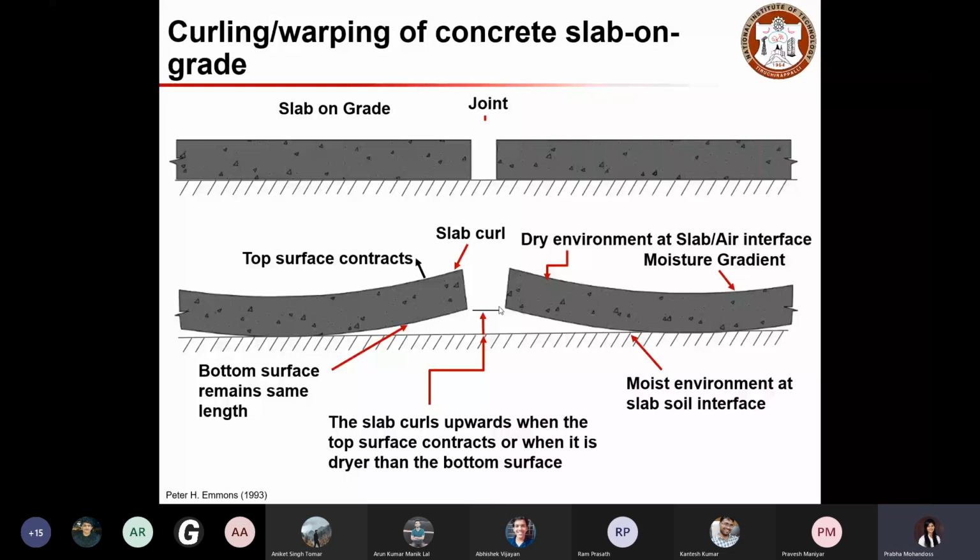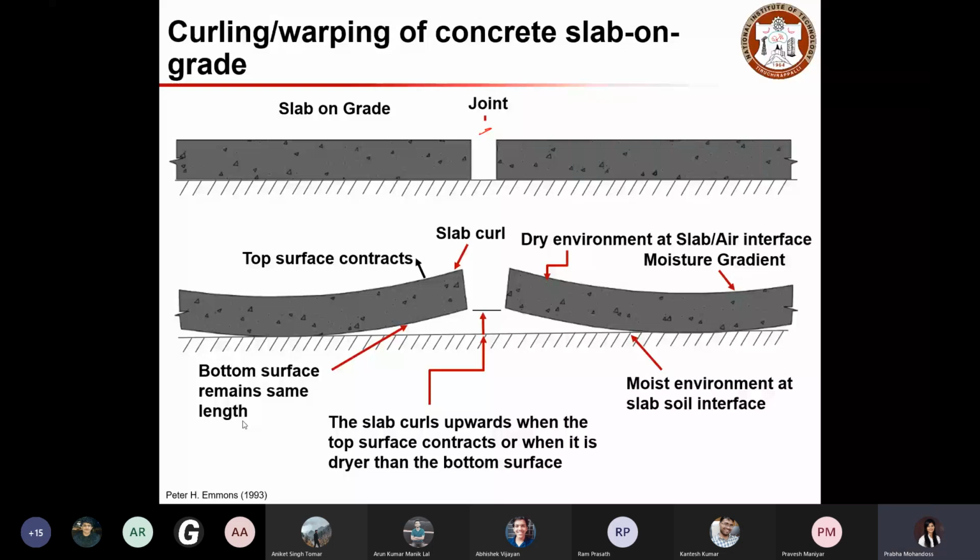So you can see here, you have a slab on grade, and typically these represent your joints. The top surface of your slab, which is in a dry environment, tries to contract, whereas your bottom surface, which is in contact with the soil, remains the same length, because most of the time that will be in the moist environment at the slab-soil interface. So what happens when your top surface tries to contract, that kind of curls upward.